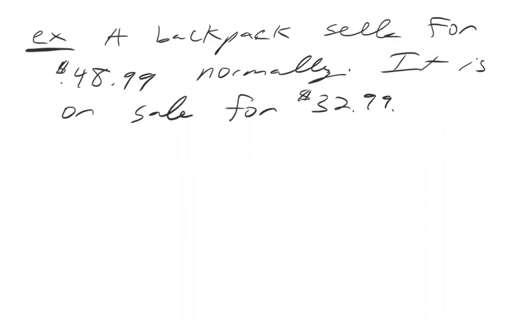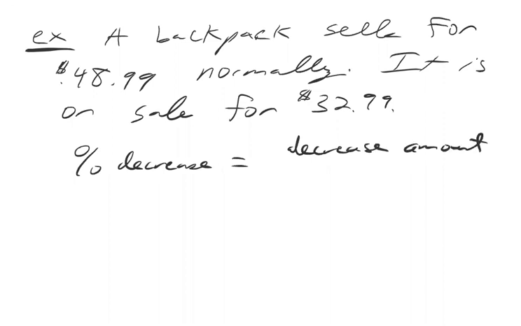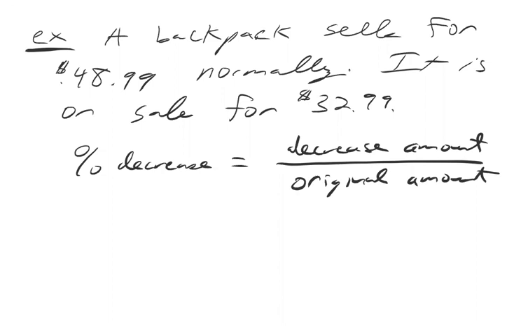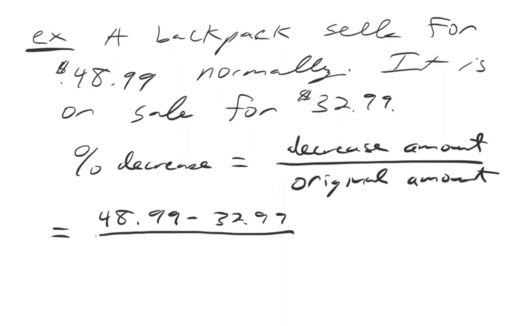So percent decrease would be the decrease amount divided by the original amount. In this case the decrease amount is $48.99 minus $32.99, all over the original amount, which is $48.99.